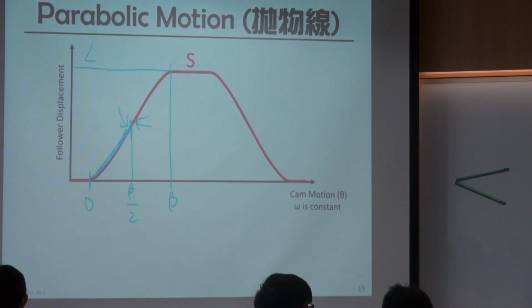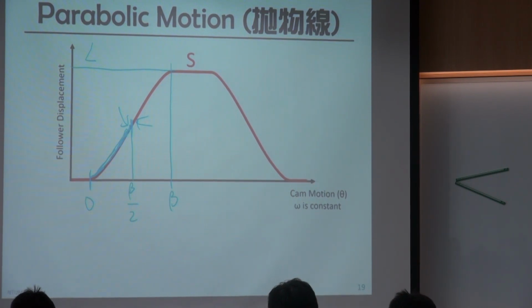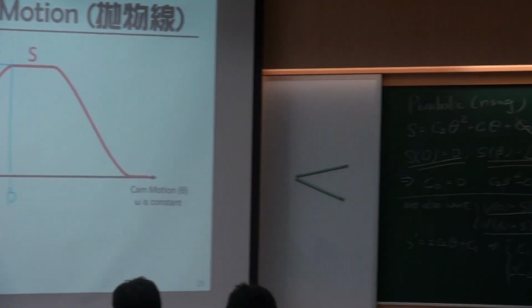So I need to solve this one first. For these 3 conditions, you will get C0 equals 0, and C2 times beta squared plus C1 equals L over 2, and the third one equals 0.